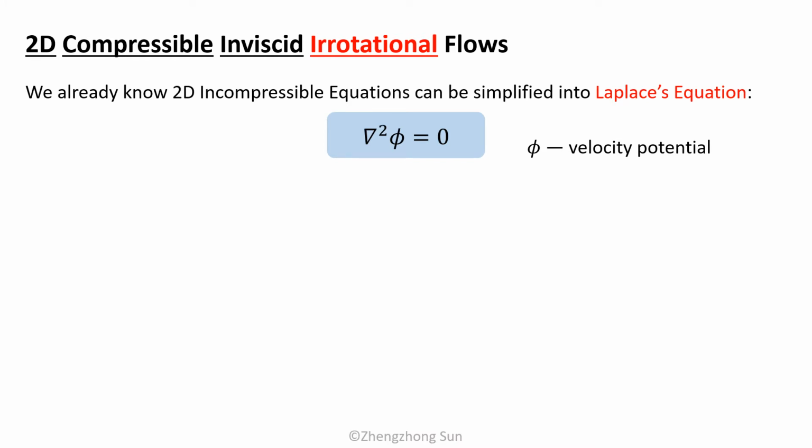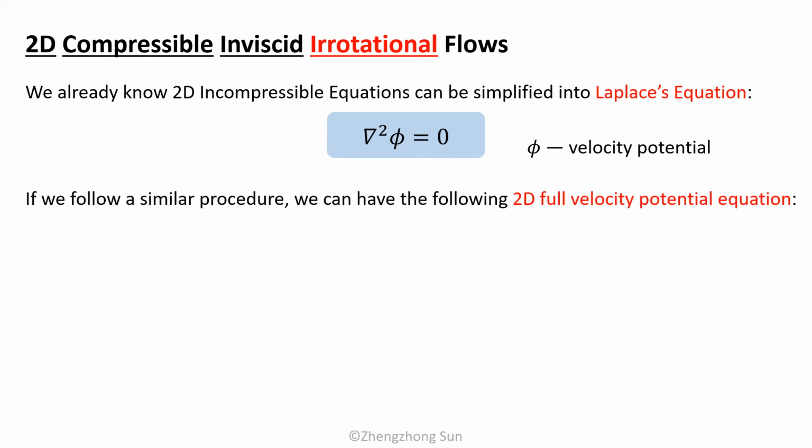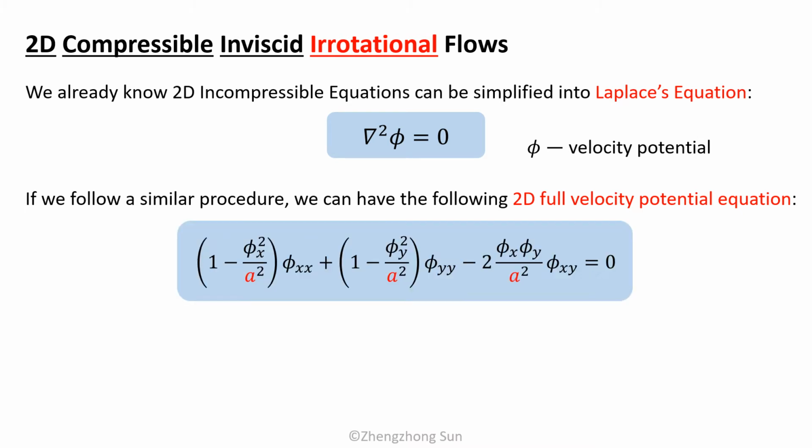How can we continue with the derivation? Just a short note: phi is the velocity potential. We are recommended to follow a similar procedure as we derive the Laplace equation, and then we can have the following 2D full velocity potential equation.